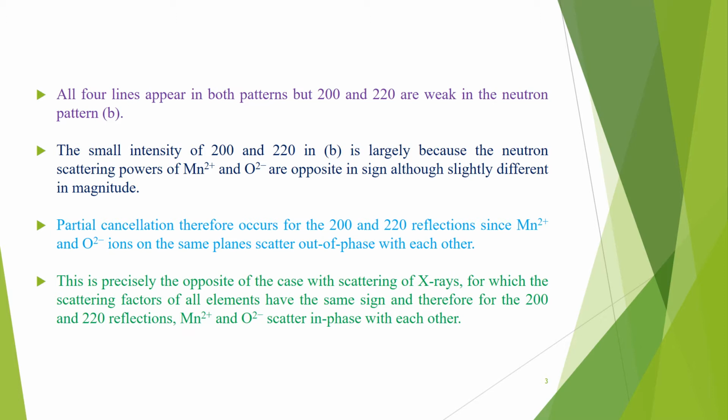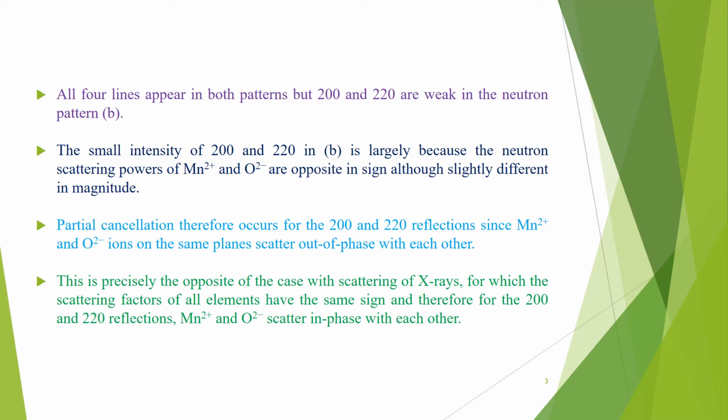So in the rock salt structure, the condition for reflection is that H, K, L, which are the Miller indices, should be either all odd or all even. Hence, the first four lines to be expected in the powder pattern are 111, 200, 220, and 311.